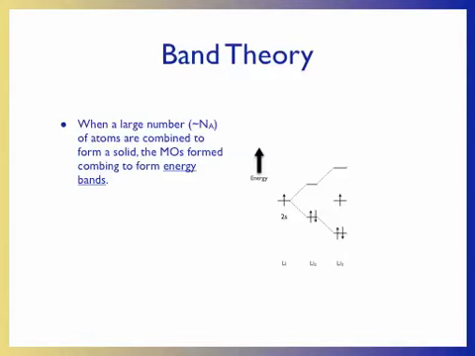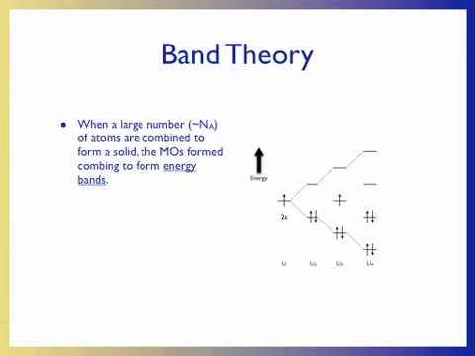We could continue by taking these three molecular orbitals and combining them with a fourth 2s orbital with another single electron. We now get four molecular orbitals, two that are occupied with electrons and two that are not.